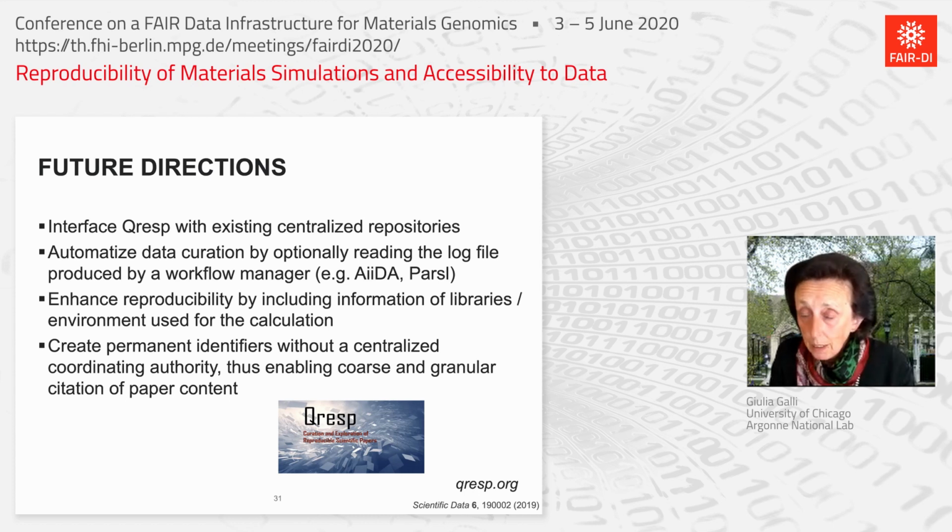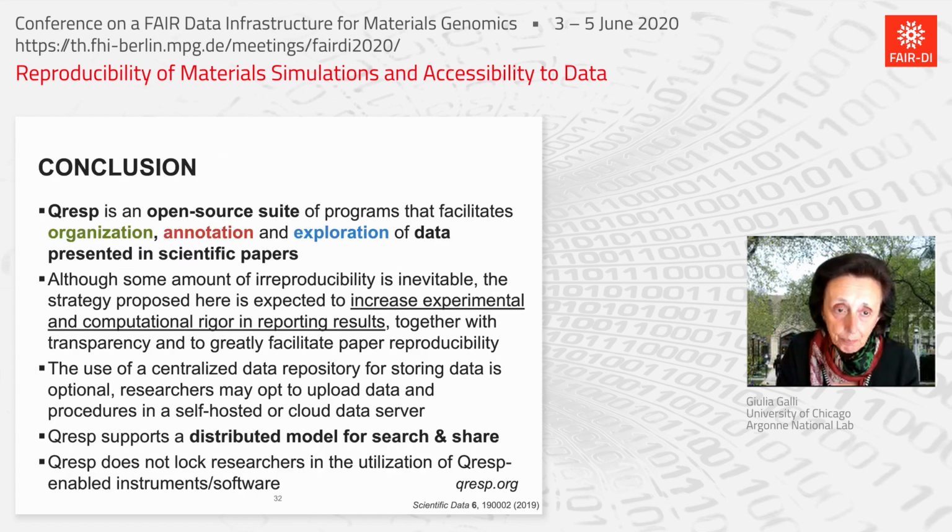This can be done, but we would like to be able to do this without a centralized coordinating authority, and we are trying to understand how to do this. So in conclusion, I told you a little bit about Qresp, which is an open source suite of programs that facilitates organization, annotation, curation, and exploration of data.